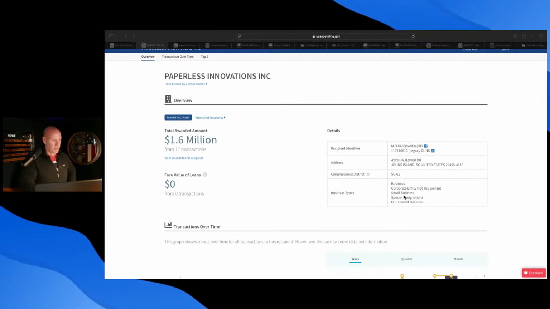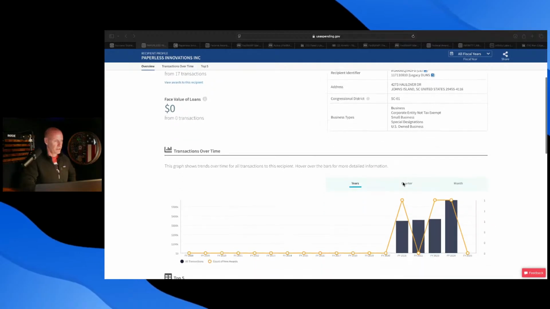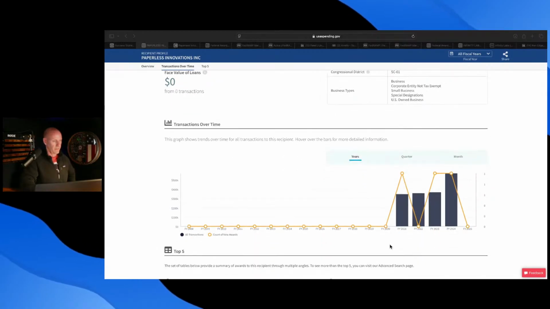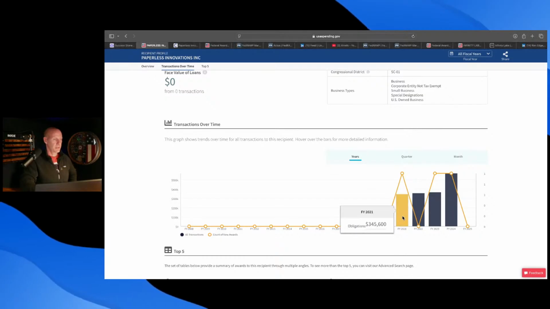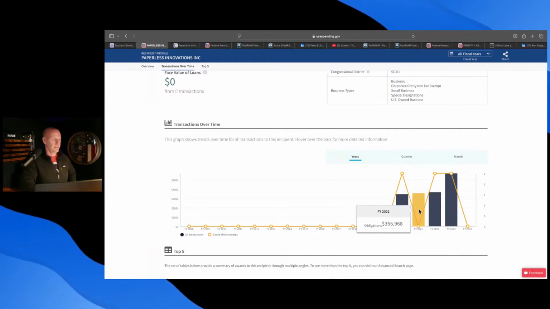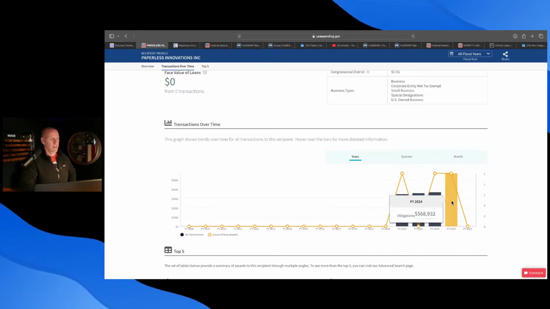Let's see, it's a small business, no special designations. All right, now the transactions over time. Again, this just gives us an overview, right? What was this company doing? And we can see here in 21, 345, very similar in 22, similar in 23, jump up in 24 to 568,000.